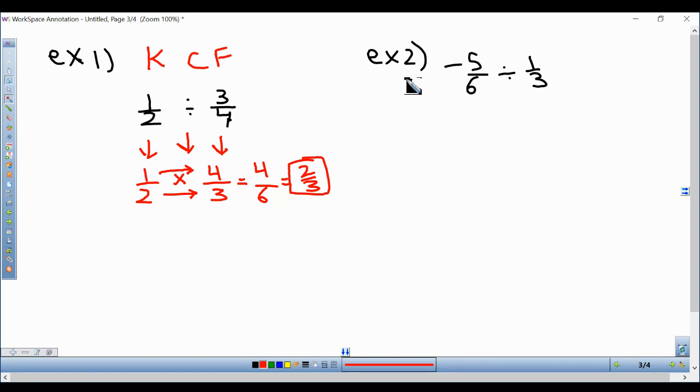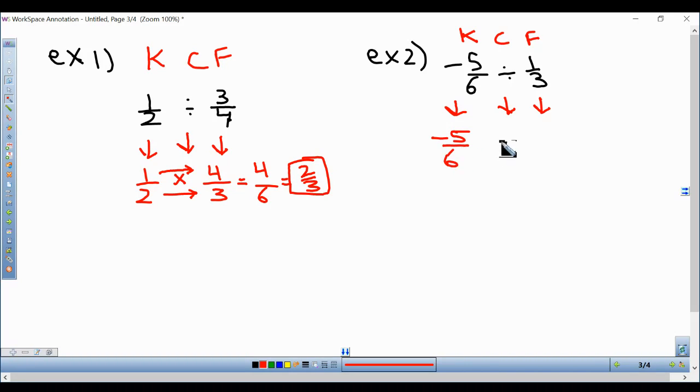Example 2, you can go ahead and pause the video right now if you want and try and work it out on your own, or you can continue to work with me. So remember, for fractions, we always want to keep, change, and flip. So what we're going to do is keep the first fraction the same, -5/6. Don't forget about that negative.